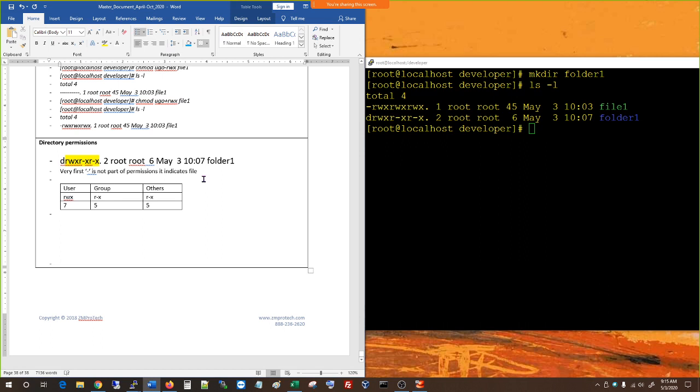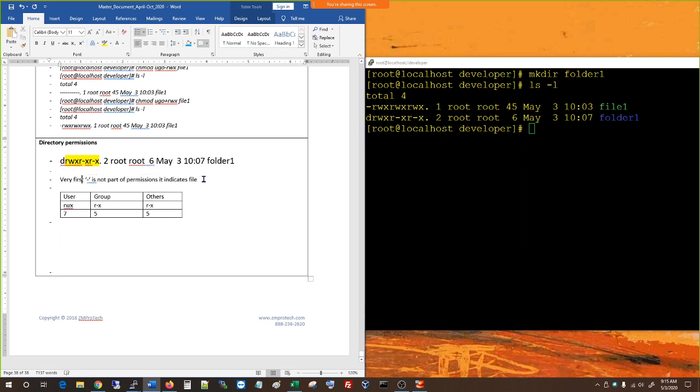The very first D, I'm going to make it D here. It is not part of the permission, it indicates a directory.